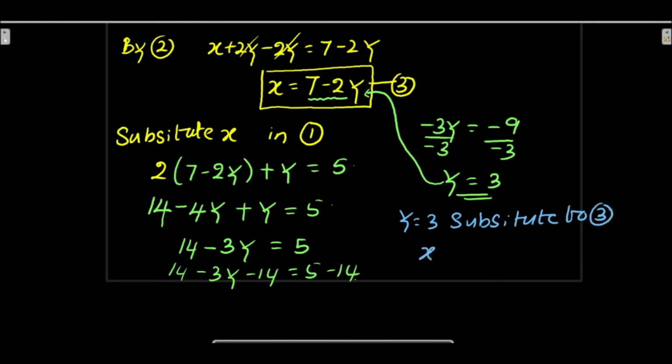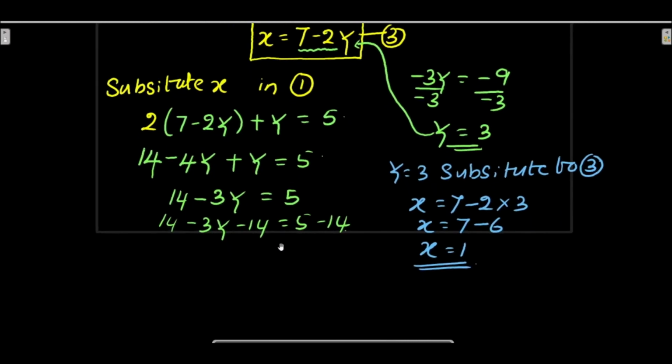So x equal 7 minus 2 times 3, x equal 7 minus 6, x equal 1. This is the value for x. Now you have found the values for x and y. You can write x equal 1 and y equal 3.